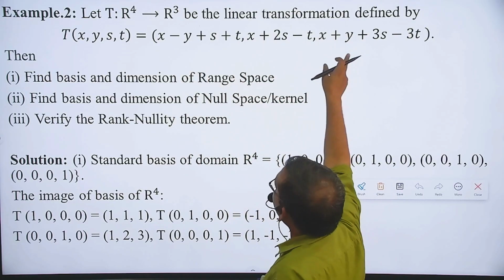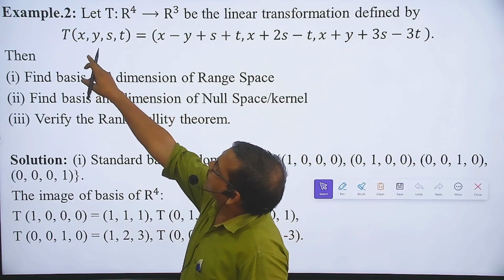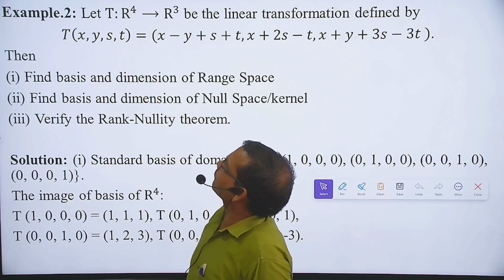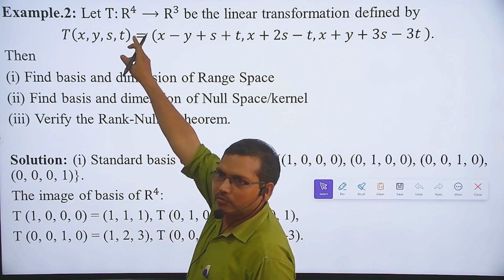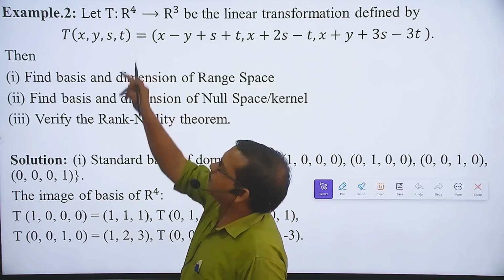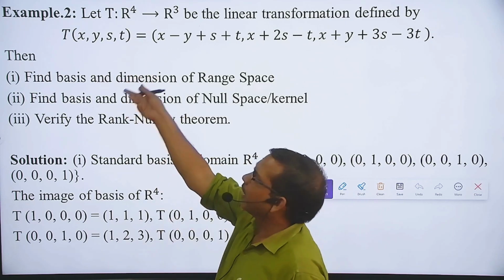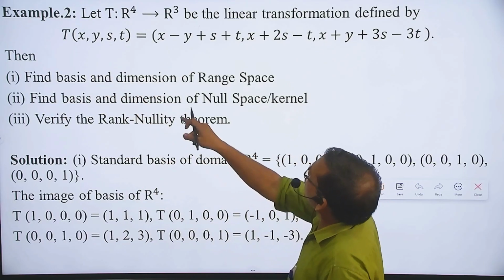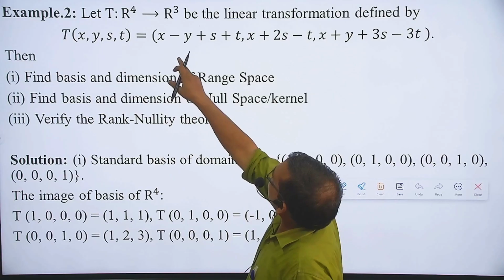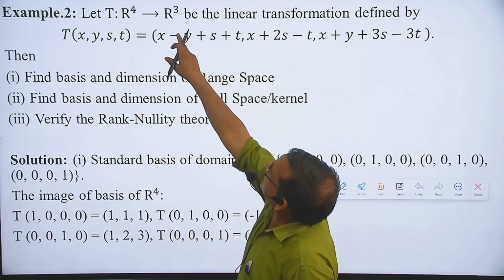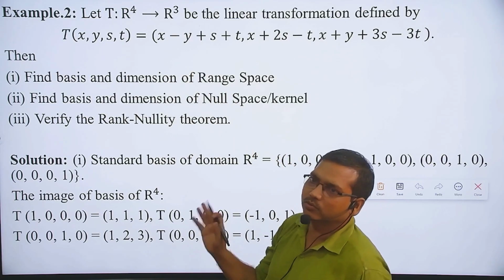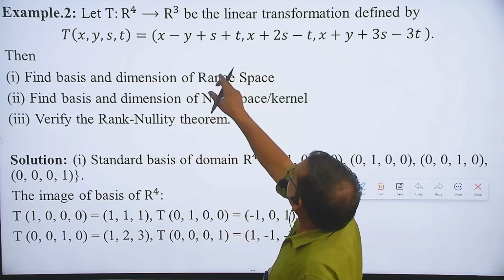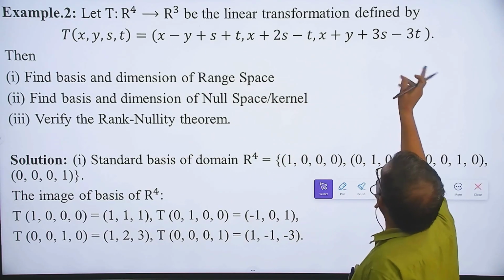The linear transformation is defined by T of x, y, z, and so on. Since the domain is a vector space of dimension 4, each vector has 4 components. In the range space, since it has dimension 3, vectors have only 3 components: first, second, and third.